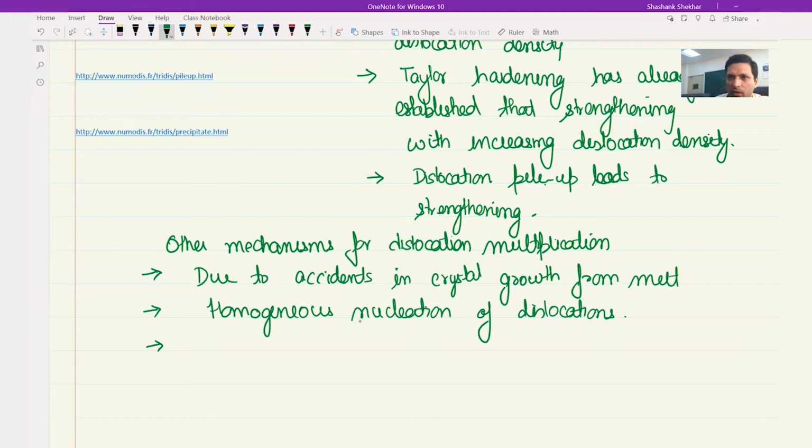And there may be stress concentrators in the crystal that can lead to dislocation generation, like the mechanism proposed by Cottrell near the pileup of the dislocations, where a stress concentration will lead to source generation in the neighboring grain. So that kind of stress concentrator can also aid in dislocation multiplication.